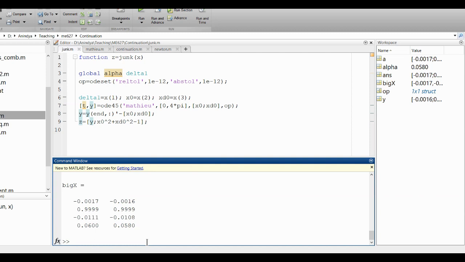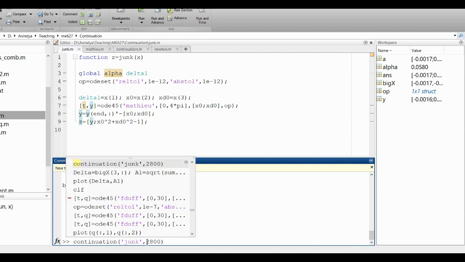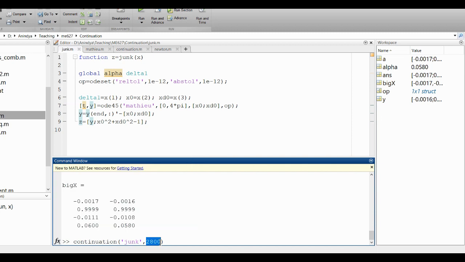And now let me do continuation, and not that many points, you know, let's do 100 points. This is actually a different delta, but that's okay, we'll get some answers.